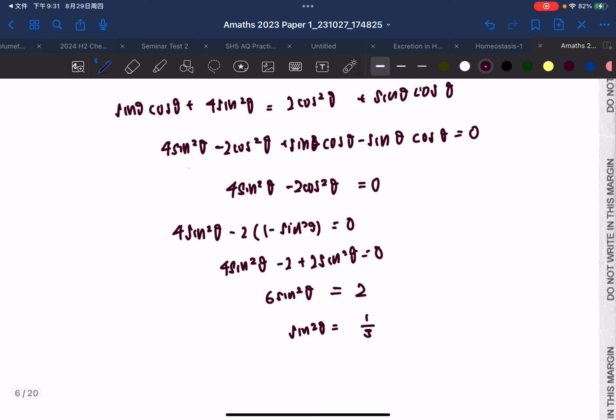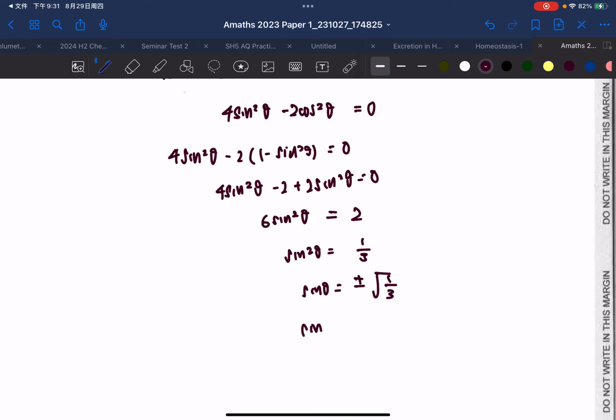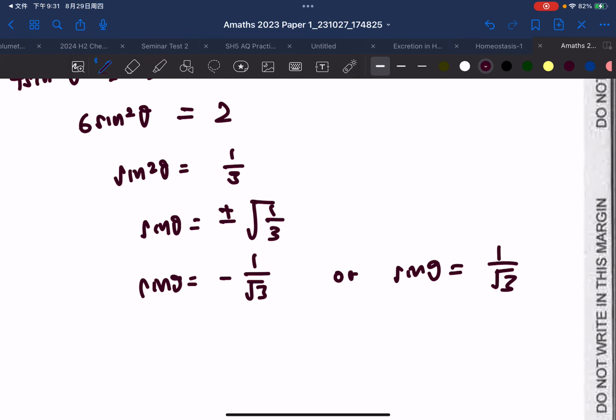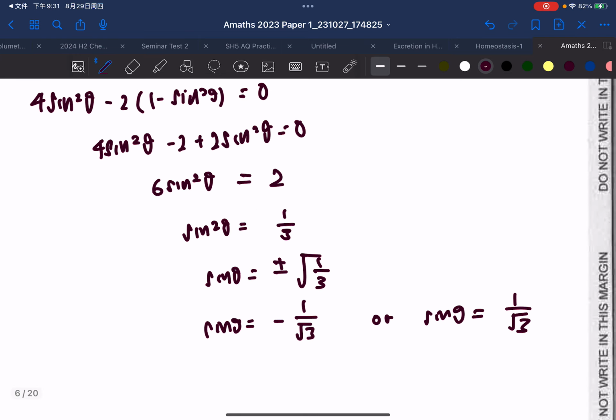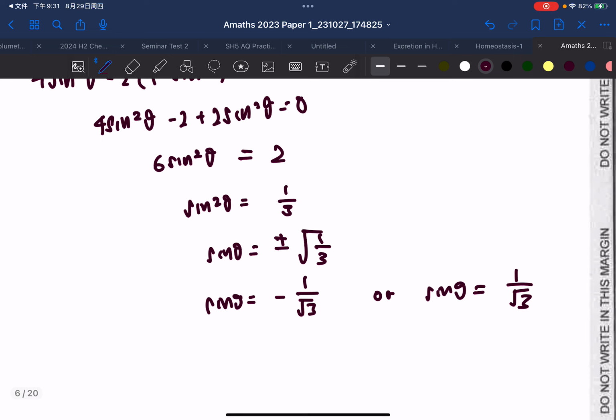That means sine theta is equal to what? Plus or minus square root of 1 over 3. So sine theta is either 1 over square root 3, either the negative or positive version. Then my theta will be equal to what?